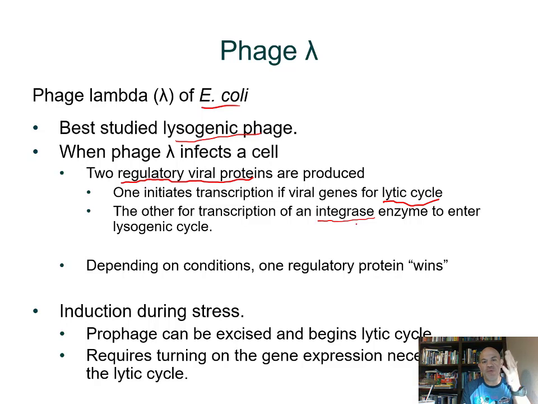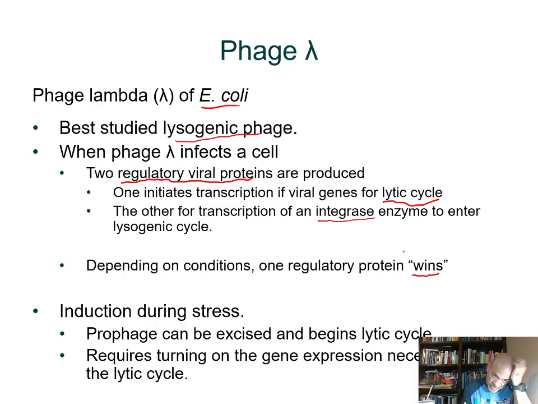So these two regulatory proteins are produced, and depending on the conditions, one turns out to be the winner. If it's the regulatory proteins for the lytic cycle, then you get into the lytic cycle. If it's the other one that produces integrase, then you end up entering the lysogenic cycle.